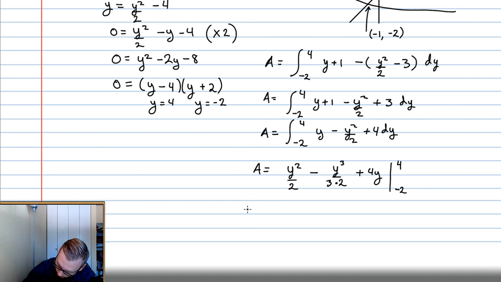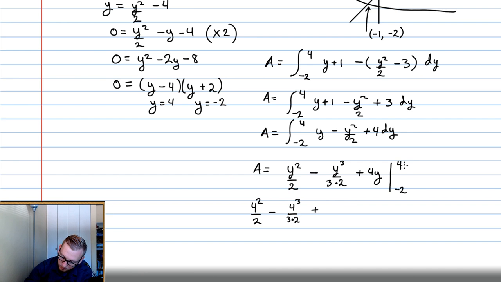So let's plug in some values. 4, y squared over 2. So we'd have 4 squared over 2 minus 4 cubed over, let's leave it as 3 times 2, because then we can possibly get an easier reduction.